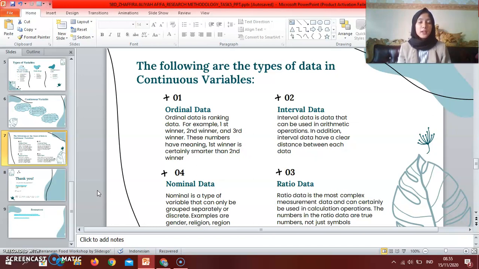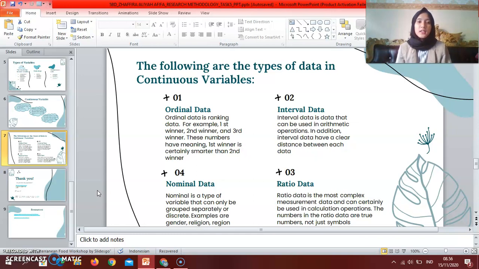For example, the first lesson is one SKS and has a time of about 50 minutes, and meanwhile the second lesson is 2 SKS, but has a time of about 100 minutes. The range between the first lesson and the second lesson is about 15 minutes, so it's called interval data.